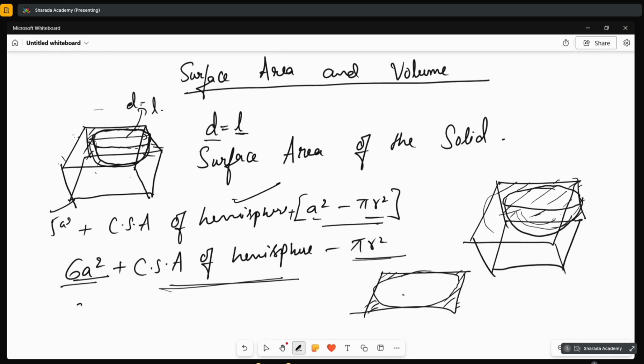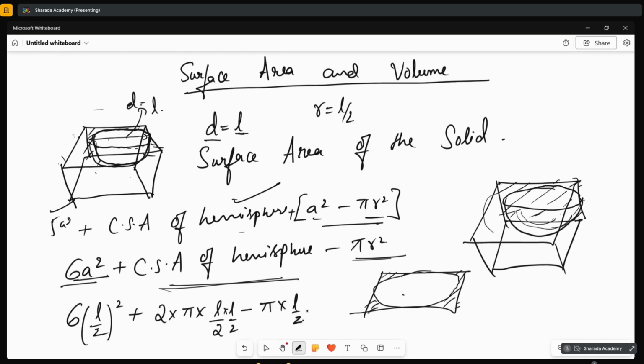So radius will be L by 2. So here 6 into L by 2 whole square plus CSA of hemisphere. CSA of hemisphere is 2 pi r square. So 2 into pi into r. Pi r square, same thing. Pi into L by 2 into L by 2.